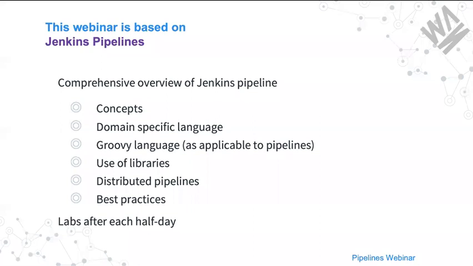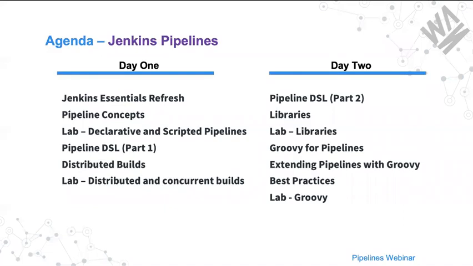To give you a bit of a sense of course material, I'll just flash this quickly. The agenda is split into day 1 and day 2, and the topics that we're covering. And you see that we're progressing through a series of topics around being able to understand and then build progressively more advanced pipelines.